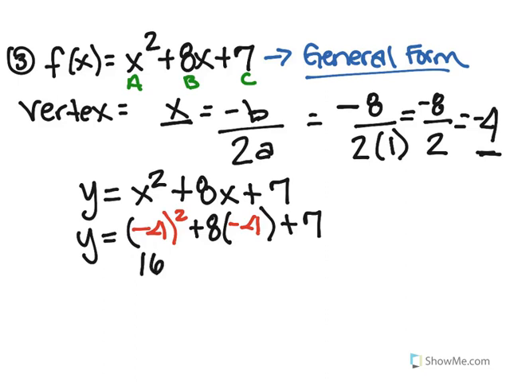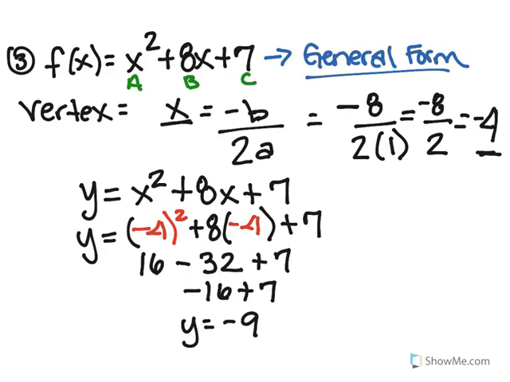Multiply: 8 times negative 4 is negative 32. Then we bring down our plus 7. So 16 minus 32 is negative 16, plus 7 gives us negative 9. So for our vertex, the x coordinate is negative 4, and the y coordinate is negative 9.